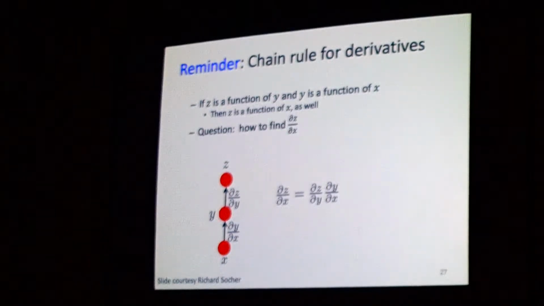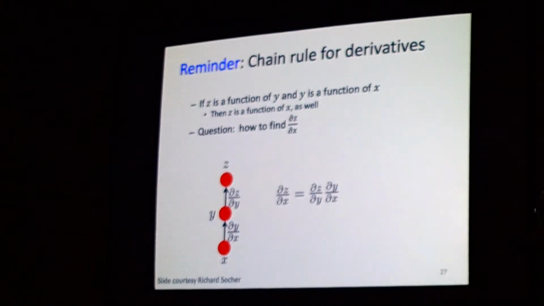The chain rule, briefly speaking, is a way to compute the derivative for composite functions. If z is a function of y, but y is a function of x, so z is a function of some intermediate variable y, and y is a function of x, then z must be a function of x as well.